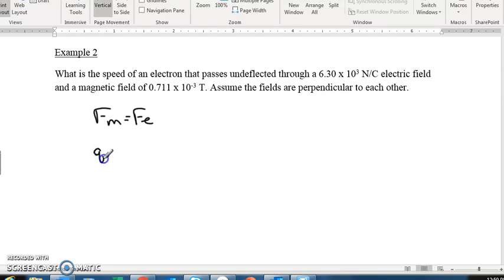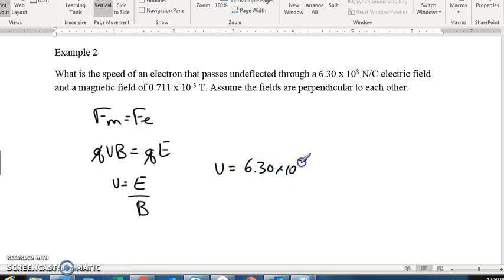Okay, so we know this is QVB. Force electric is QE. The charges conveniently cancel out, which leaves us with an electric field divided by the magnetic field. So we're just going to take those numbers, the electric field being 6.30 times 10 to the 3 newtons per coulomb, divided by 0.711 times 10 to the negative 3 teslas.